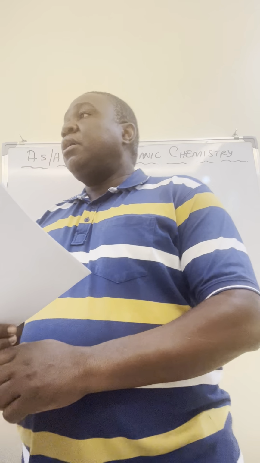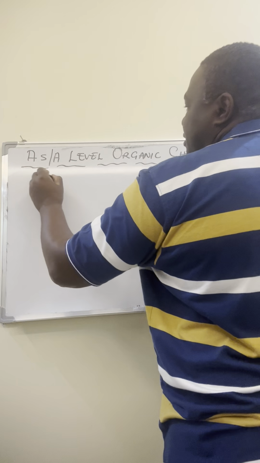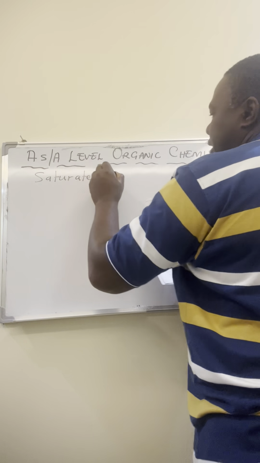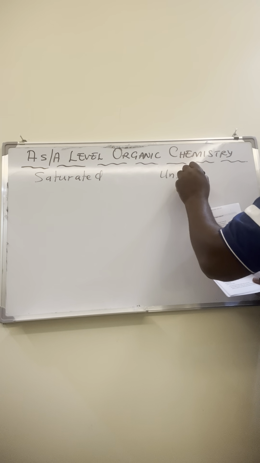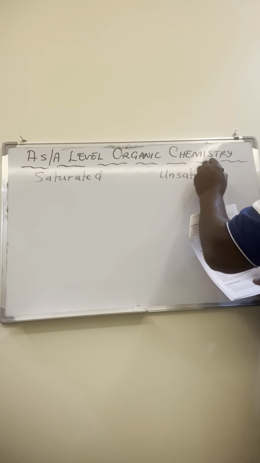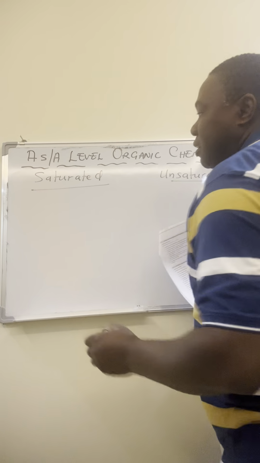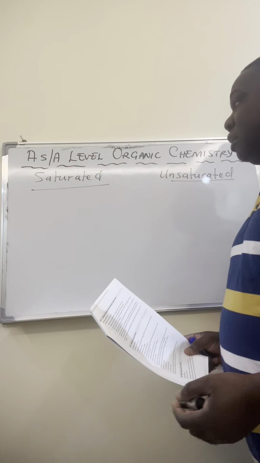Okay, saturated and unsaturated. This one is a continuation from your O-level studies. Saturated, and then on this column I'm going to have unsaturated. Now, from your O-level, we are going to assume that you have some background information as to what a saturated molecule is.